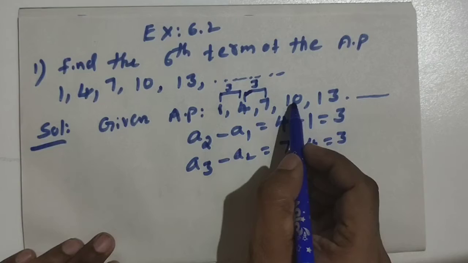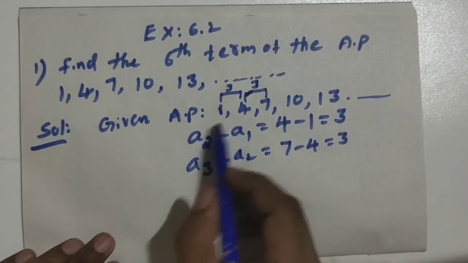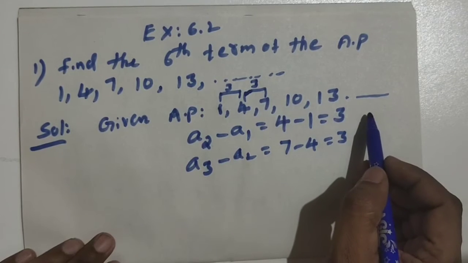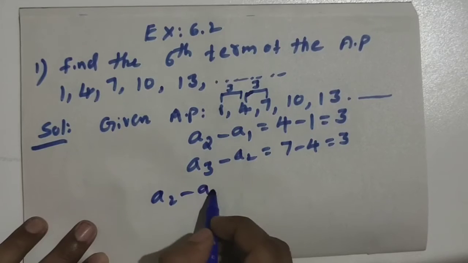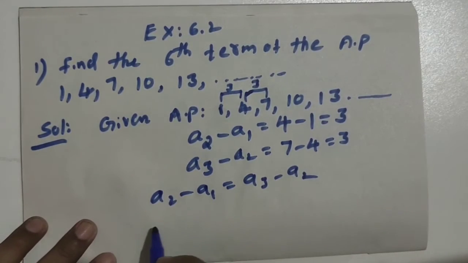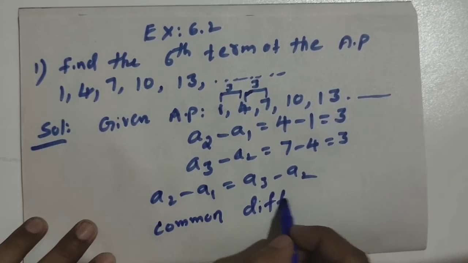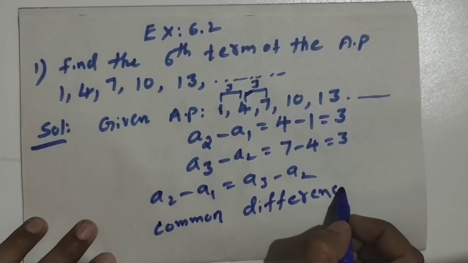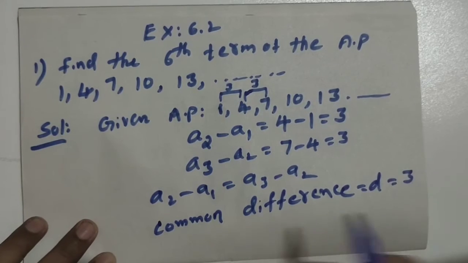Obviously we also get 10 minus 7 is 3 and 13 minus 10 is 3. That means the common difference is constant, that is 3. So we can write A2 minus A1 is equal to A3 minus A2, that is, the common difference d is equal to 3.